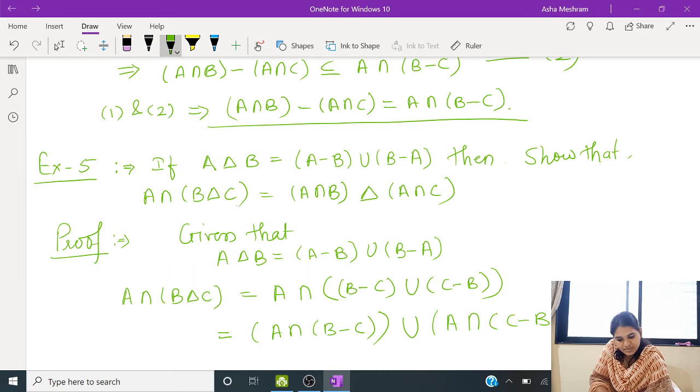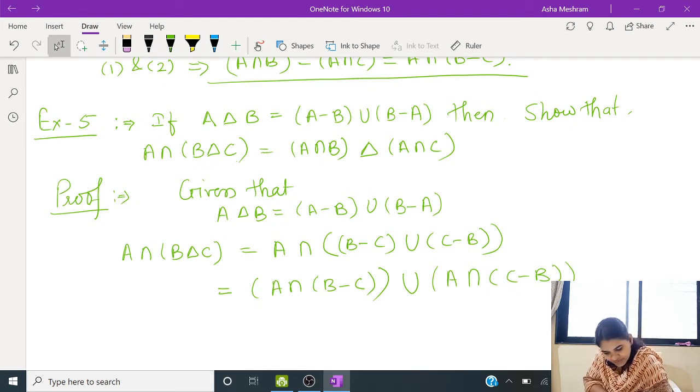A intersection B minus C can be written as A intersection B minus A intersection C. So here we use example number 4.